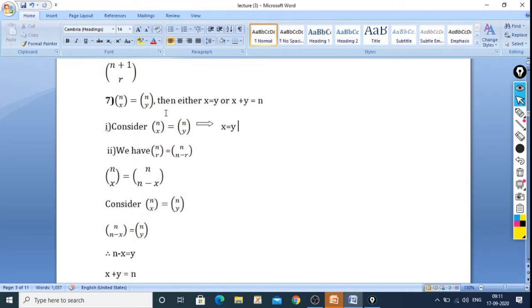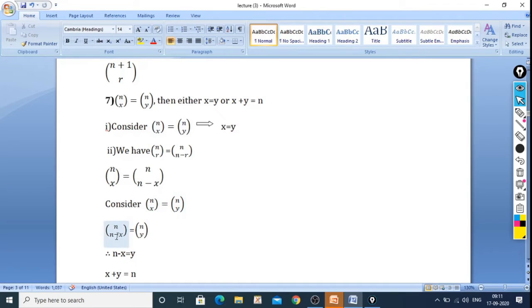Now consider the terms which we want to prove, that is nCx is equal to nCy. For this nCx we can write nC(n minus x). This RHS, that is nCy, as it is. Now the first part we have proved, that is if nCx is equal to nCy, then x must be equal to y.